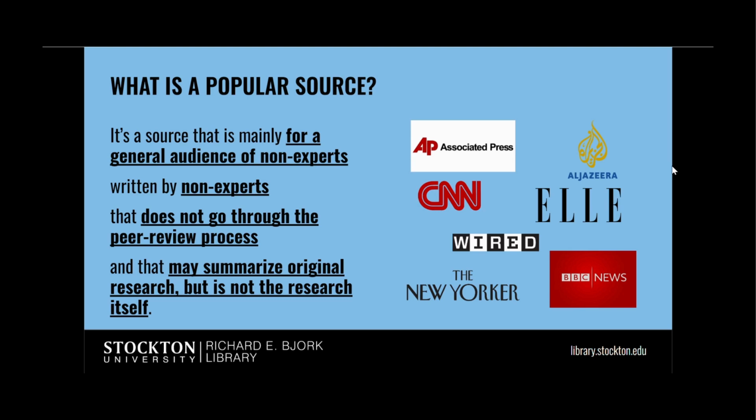They're taking out the jargon, they're taking out any of the really complicated mechanisms that they're discussing, and they're going to make it very digestible for the average person to read. So we see these different publications like CNN, The New Yorker, BBC, and these different news outlets that have an editor, right? Someone's looking it over, it's good information, it's just not peer-reviewed.